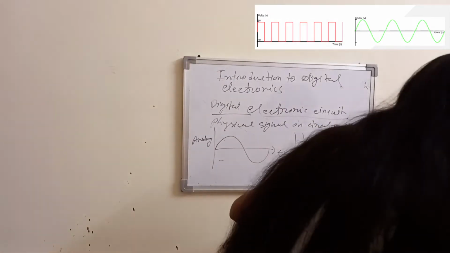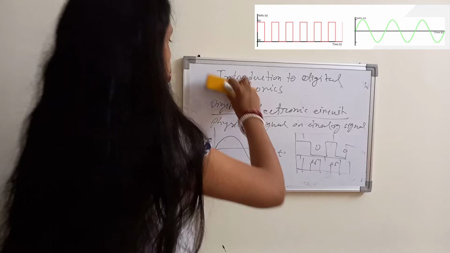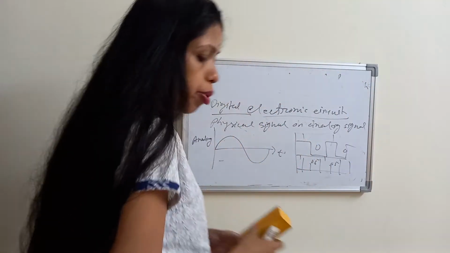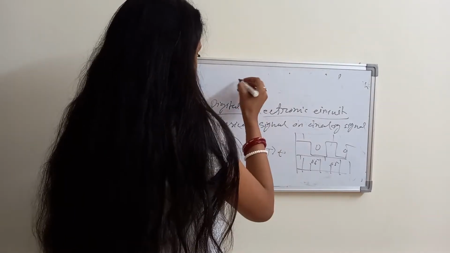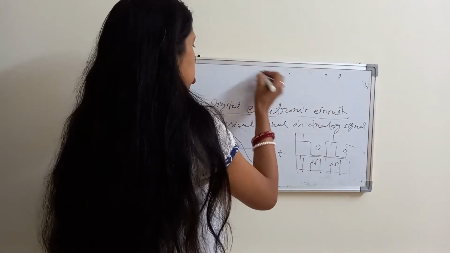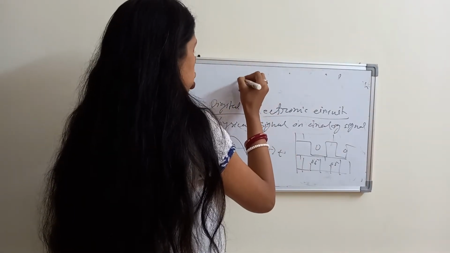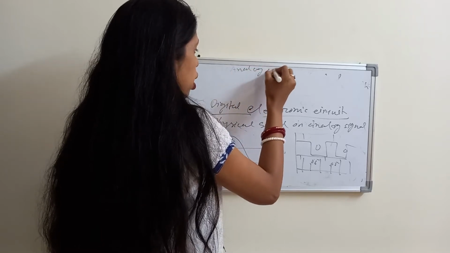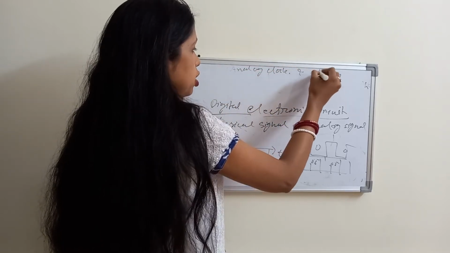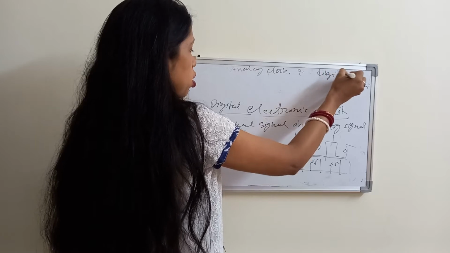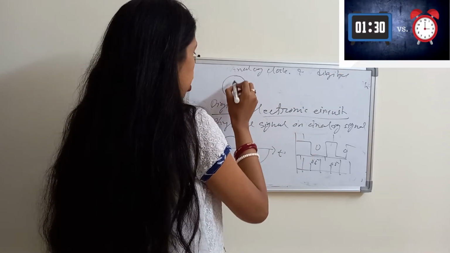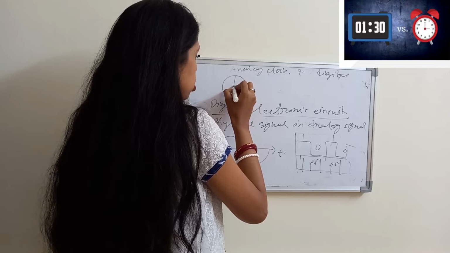Again I'm giving a practical example of an analog and digital system. Suppose we see an analog clock, which you can see in our homes.